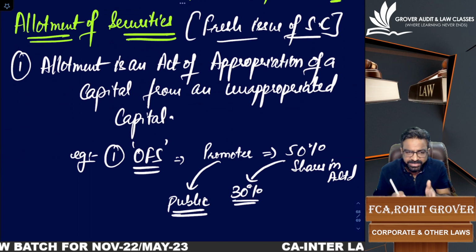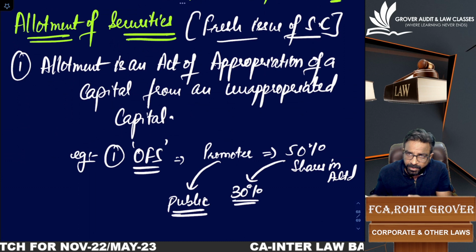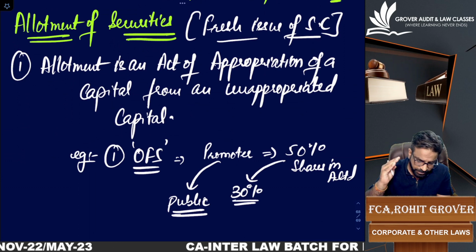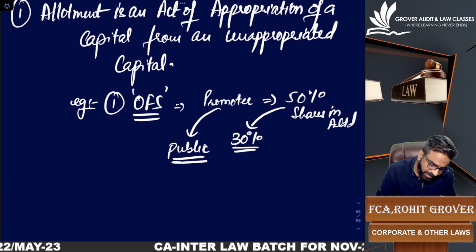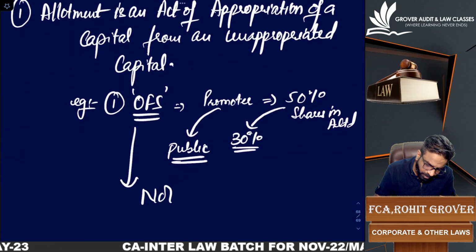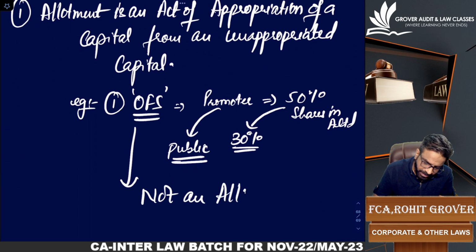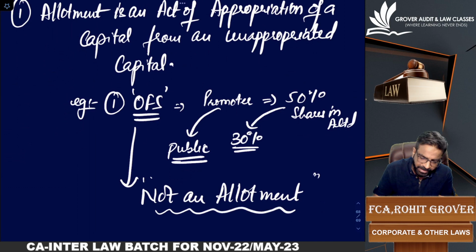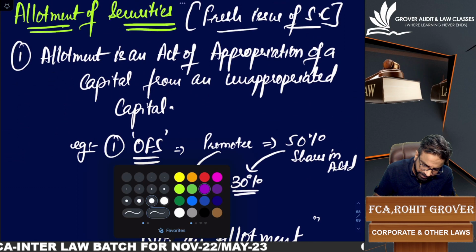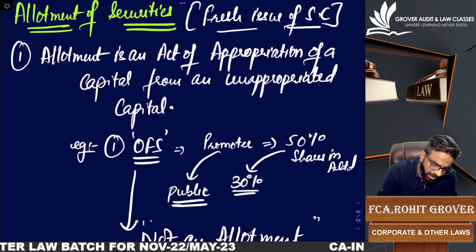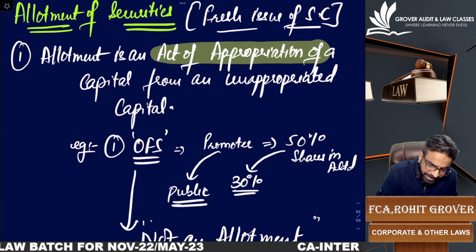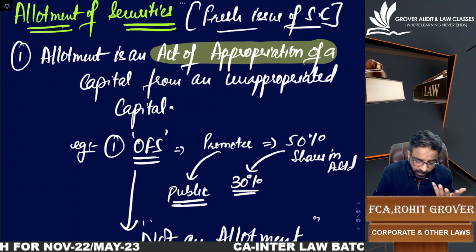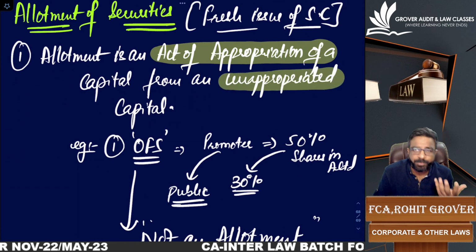Now my question is, is it a fresh issue of share capital or a sale of already allotted shares? A sale of already allotted shares. So tell me one thing, is it an allotment or not an allotment? It is not an allotment, because allotment means, now read the point very carefully along with me, everyone. Allotment is an act of appropriation from an unappropriated capital.